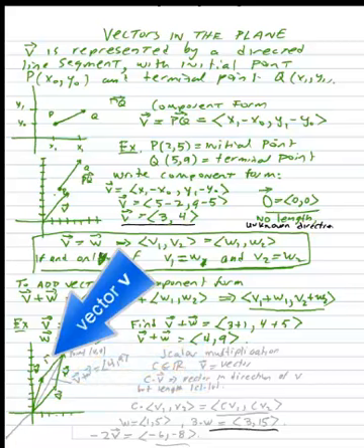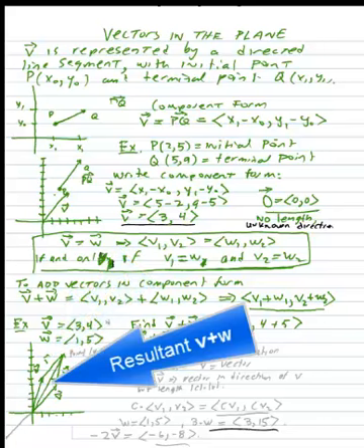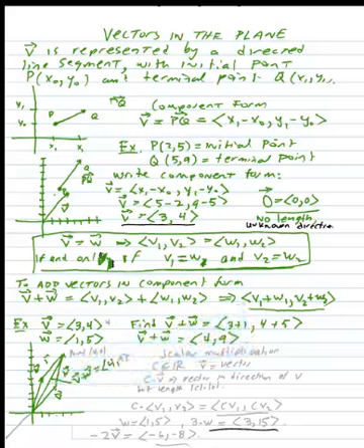And remember the resultant was formed by going from the origin across the diagonal, v plus w. And if we look at the component form of that, it was 4, comma 9. So here at 4 units and 9 units up, there's the point 4, comma 9. That forms the terminal point of that vector v plus w.